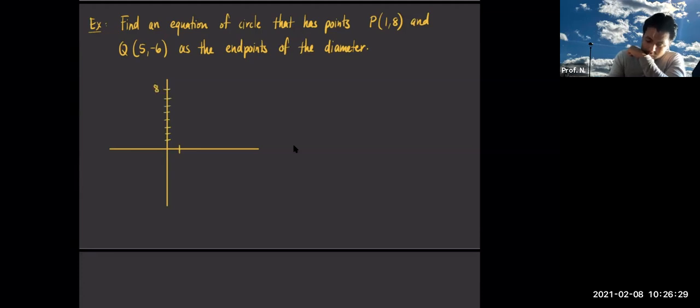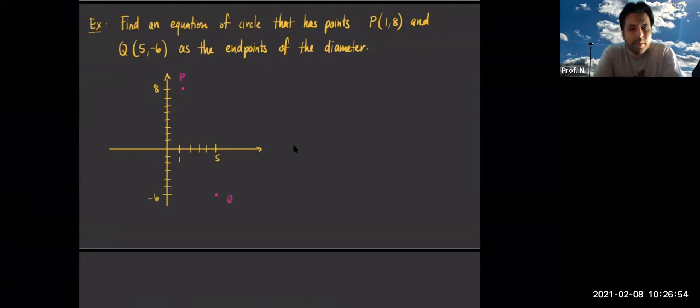So I have this point here. I'm gonna call it P. And then the next point will be 5 comma negative 6. So this is 1, 2, 3, 4, 5. And I got 1, 2, 3, 4, 5, 6, negative 6. So I got something like this.